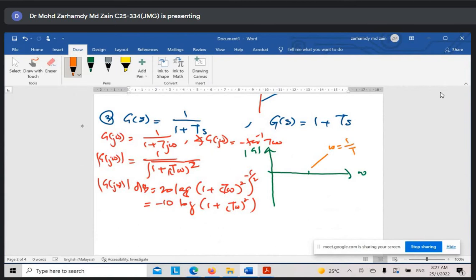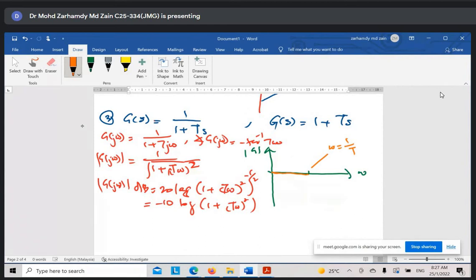First it will go in a straight line, starting from 0 until the break point at 1 over T. For example, if T is 0.2, then omega is 1 over 0.2, which gives 5.